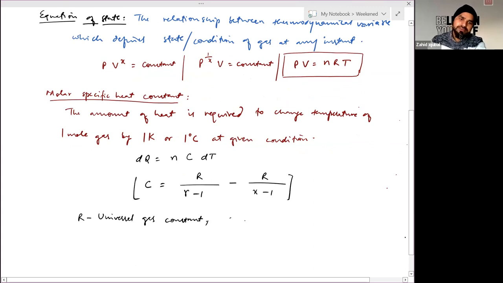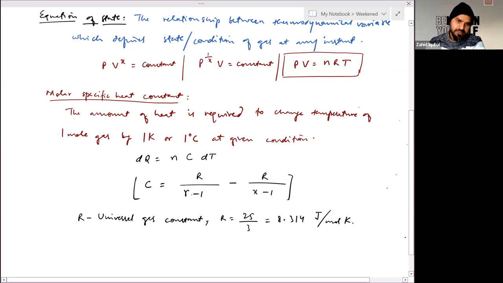This is equal to 25 by 3 or 8.314 joule per mole per Kelvin, a constant value. Next, x is the expression we obtain from PV to the power x or P to the power 1 by x, V is equal to constant.